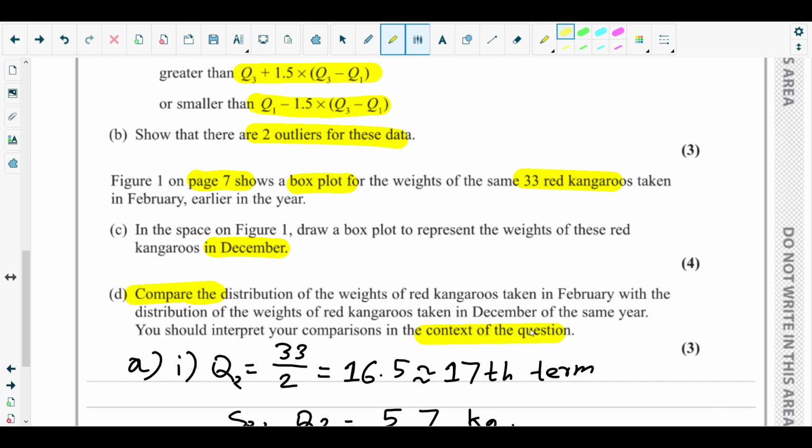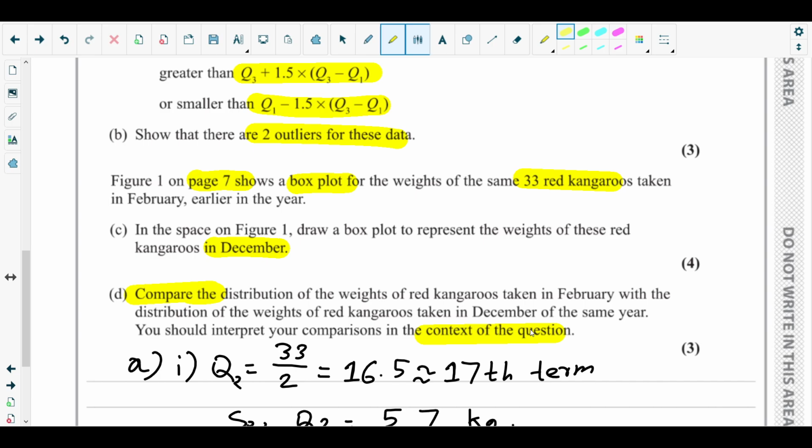For comparisons, always keep in mind we have to compare on two things. The first comparison has to be made on a measure of location, meaning mean, mode, median, or quartiles.